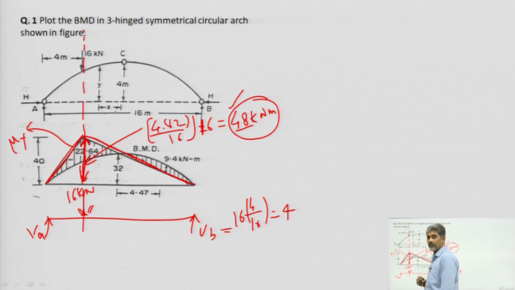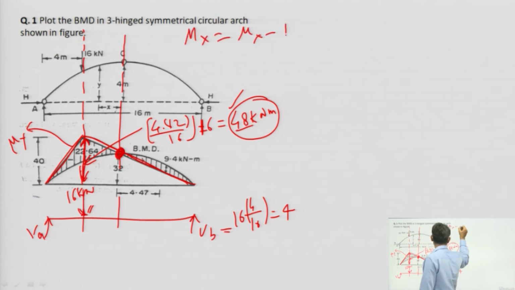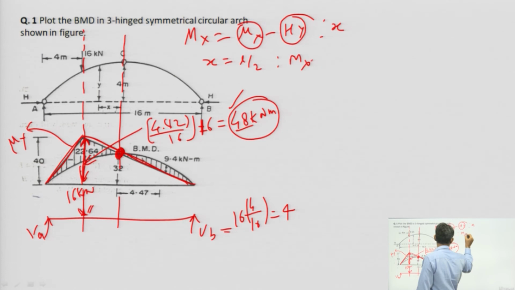H into y, the H moment. We know that at the crown point, beam moment and Hy moment are the same. Mx is equal to mu x minus h into y. At crown both are 0. At x equal to L by 2, mx is equal to mc and it is equal to 0.